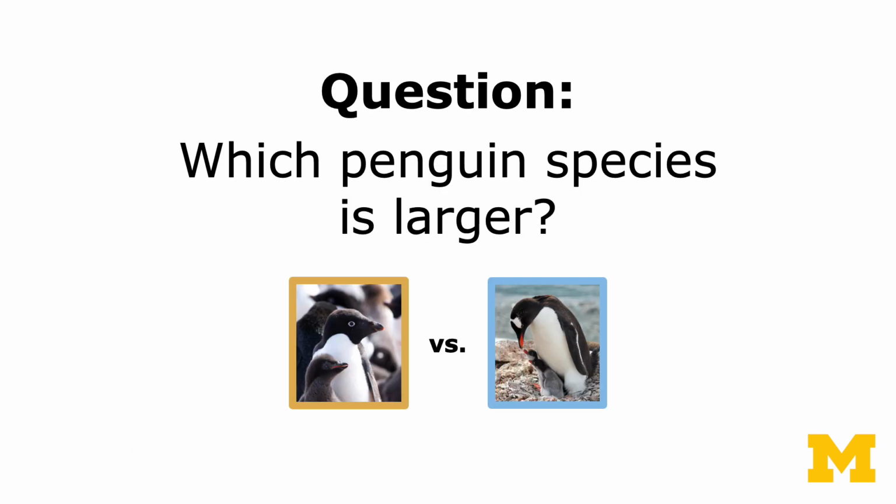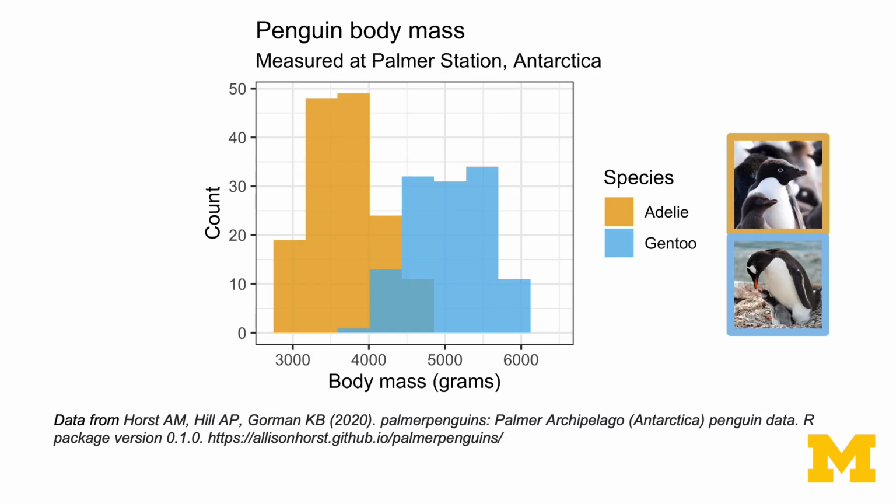So let's ask a question. Which penguin species is larger? Think about this question. Because each penguin species can have a range of body masses, maybe we should ask, does a typical Adelie penguin have a bigger or smaller mass than a typical Gentoo penguin? And one way to quickly summarize what's typical in this case would be the mean body mass for each species.